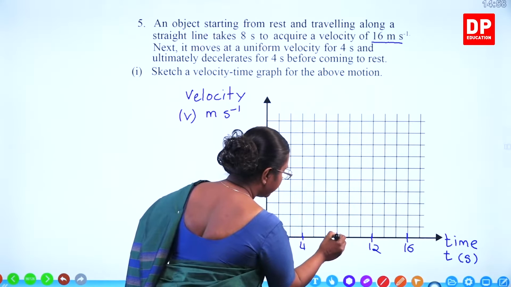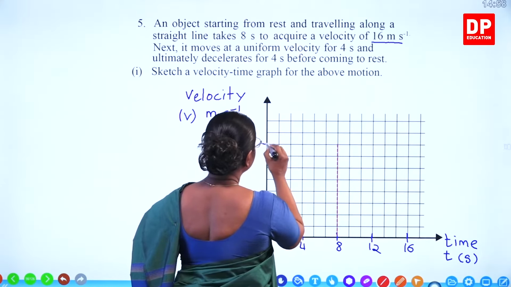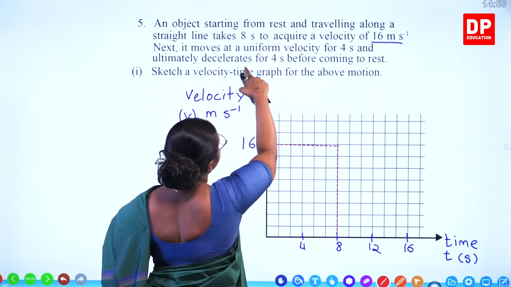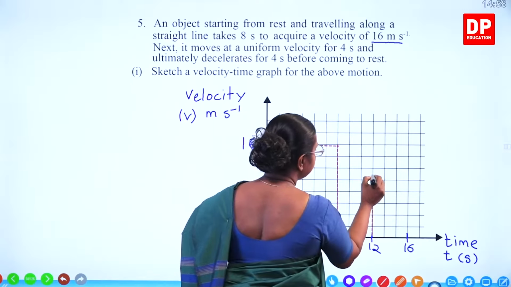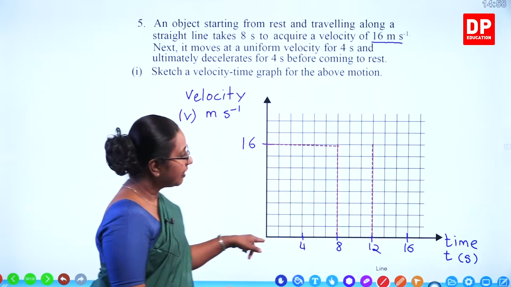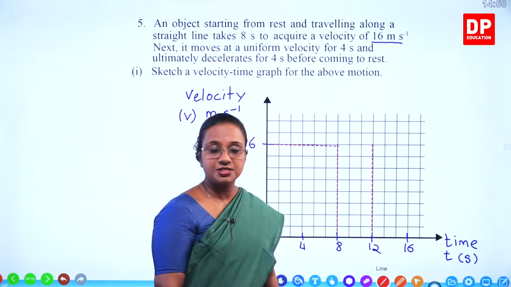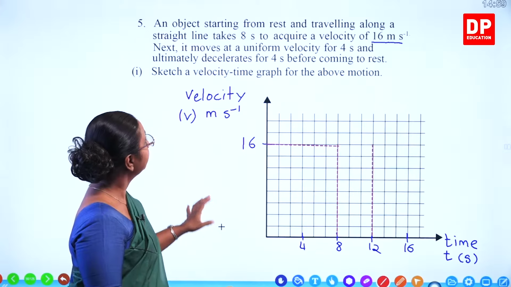So for the first 8 seconds, if we mark the values up to here and 16 seconds, then it was for the next 4 seconds. So that will be these 2 points with uniform velocity, and finally the end of the motion where the object reaches 16 seconds. We will draw the graph.